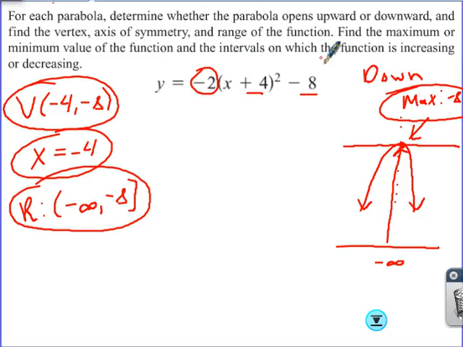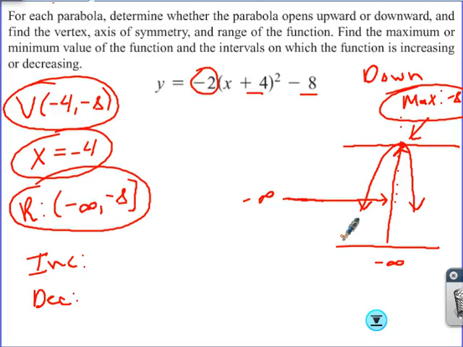And the intervals where the function is increasing and decreasing. Again, this goes back to last chapter. When you're talking about where a function increases or decreases, you're talking about x values. So this function increases, here it's coming up, from this x value over here at negative infinity all the way up to this x value here. Because at that vertex, it stops increasing and starts decreasing.